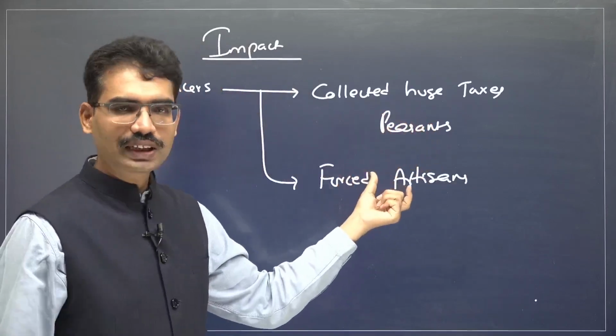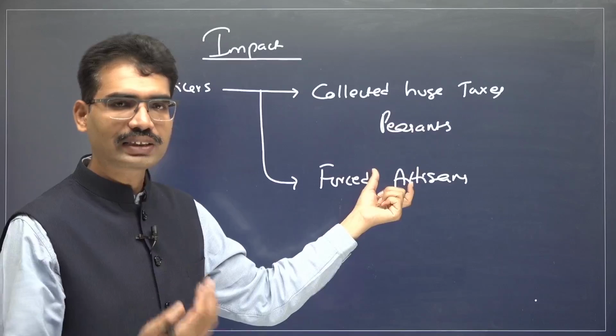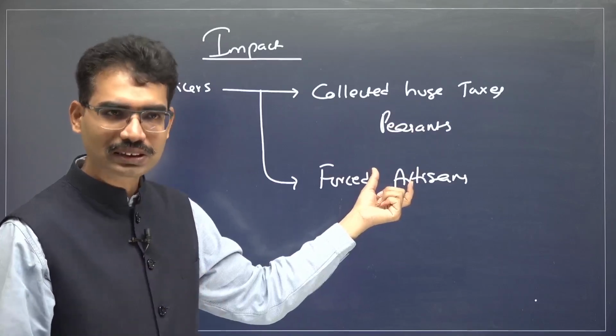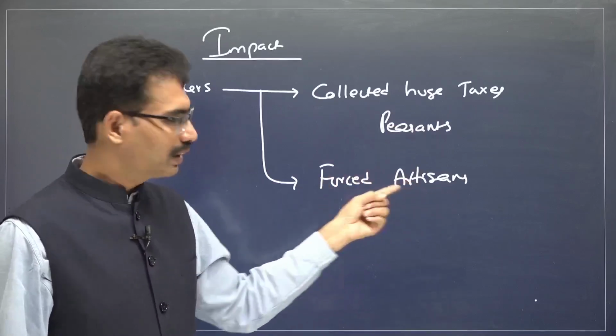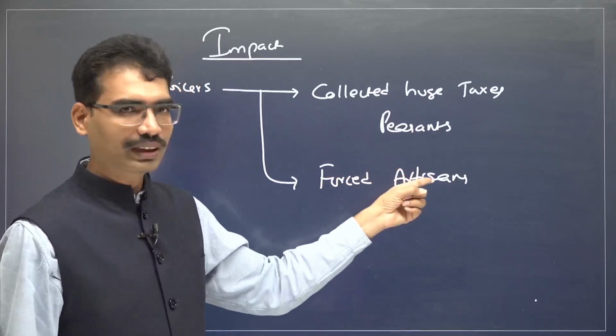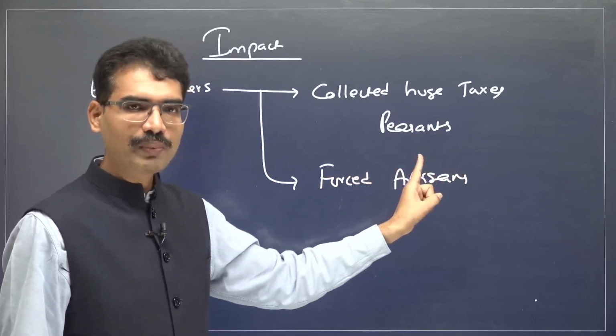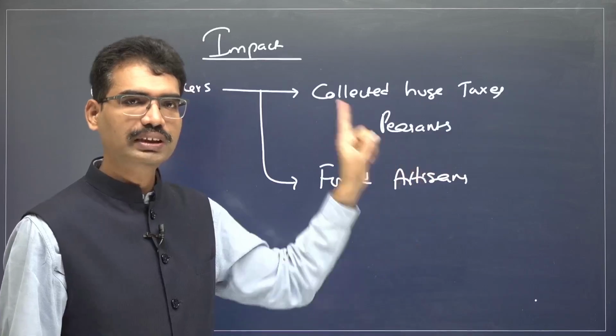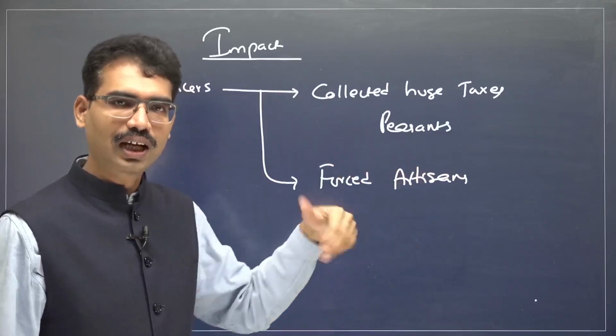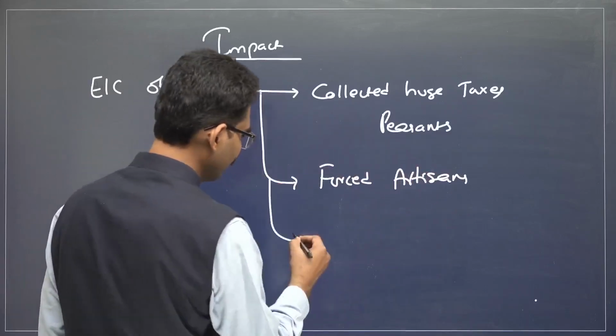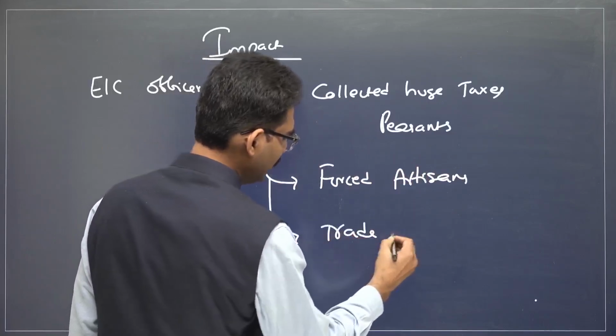They got Diwani rights also. Now in their hands, the army is there, police functions are there, criminal justice is there, civil justice is there. Now they were forcing artisans with that power to manufacture whatever the East India Company needed for their European markets and other markets.